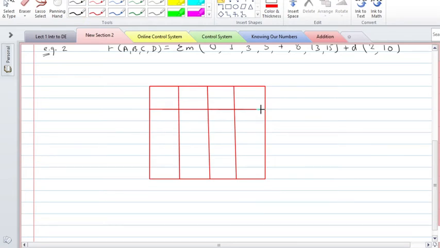Okay, this is a 4 variable K-map: A, B, C, D 0 0, 0 1, 1 1, 1 0, and 0 0, 0 1, 1 1, 1 0.